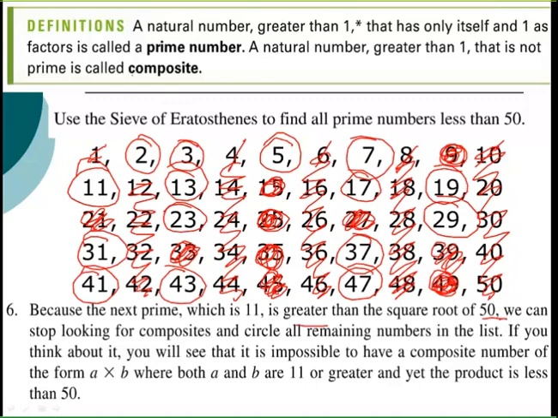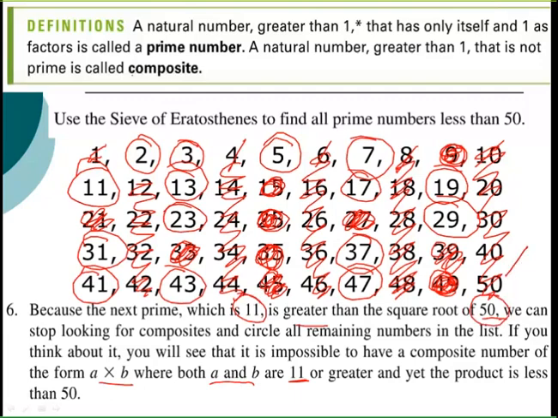If we think about it, we'll see that it's impossible to have a composite number of the form A times B, where both A and B are 11 or greater, yet the product is less than 50. So what we're saying is, as soon as we get to 11, it's greater than the square root of 50.